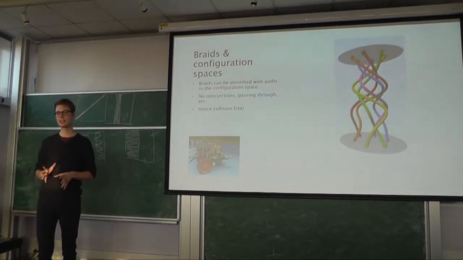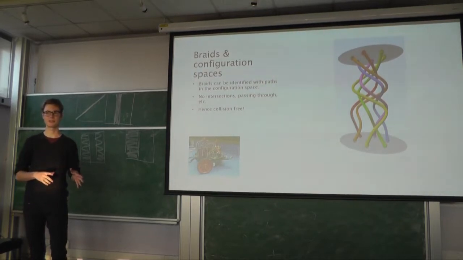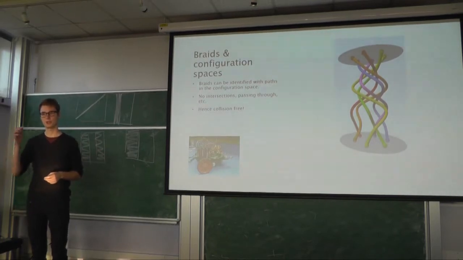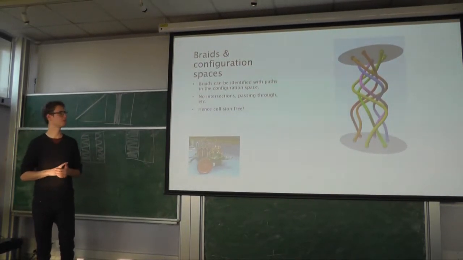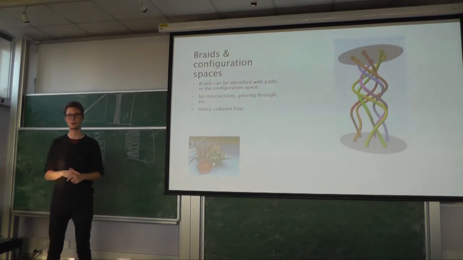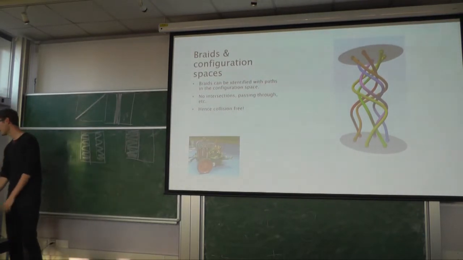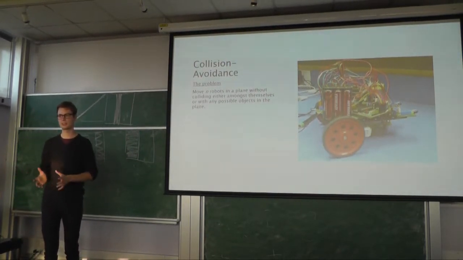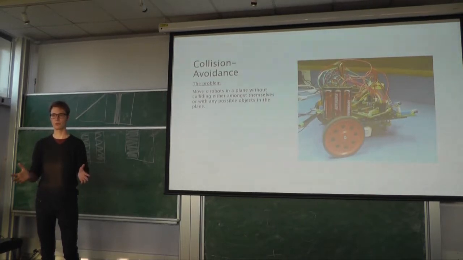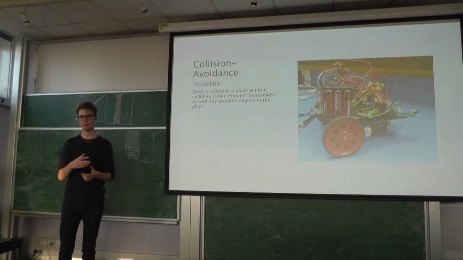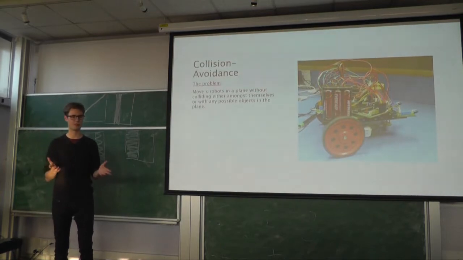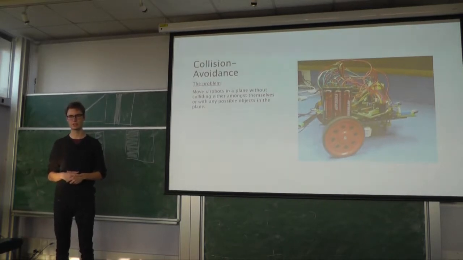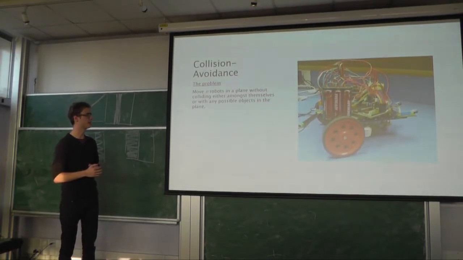In particular, they give collision-free paths. So you can move from one configuration of n objects to another configuration of n objects. And this is a great feature which should be exploited. Indeed, there's a common problem where you have a number of robots that you want to move around, and you don't want them to crash into each other. For example, you have them in a factory and they have to complete certain tasks without crashing into one another, and you also have obstacles in the plane.